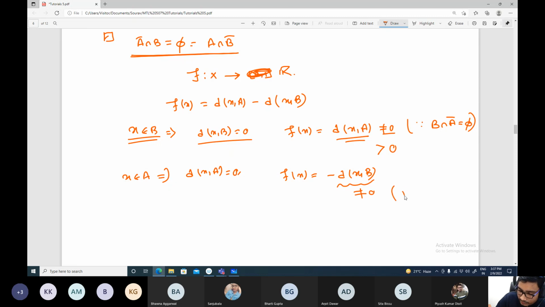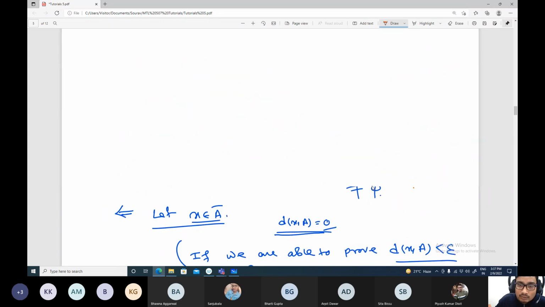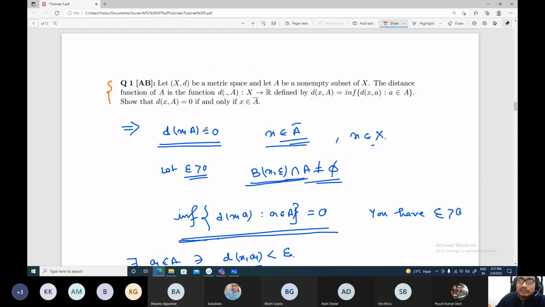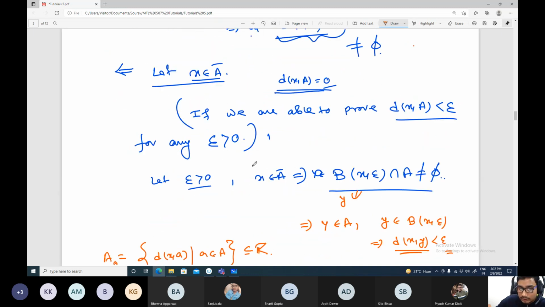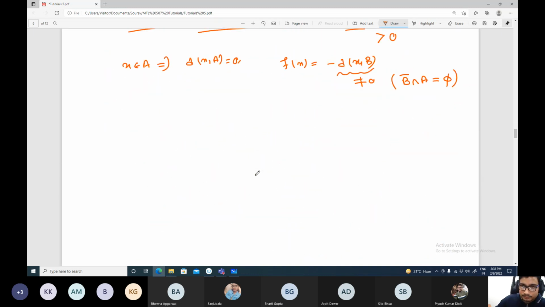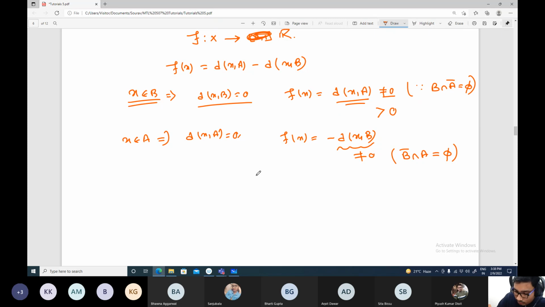Because again here B bar intersection A is empty. Because x is in A, x cannot be in B closure, and therefore it is non-zero by the above result which we have just solved, that d of x comma A is equal to 0 if and only if x is an element of A closure. And so here f of x is less than 0.